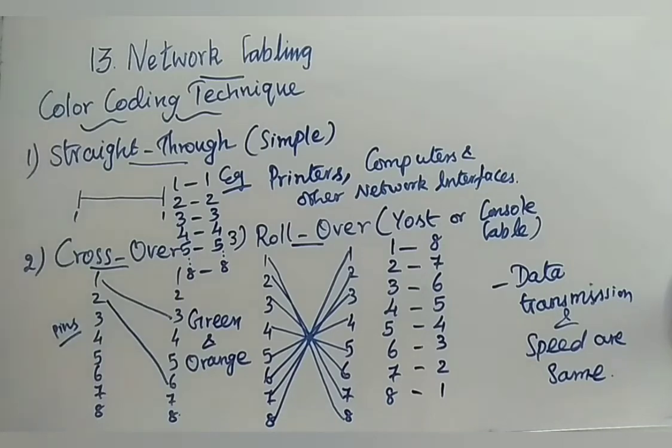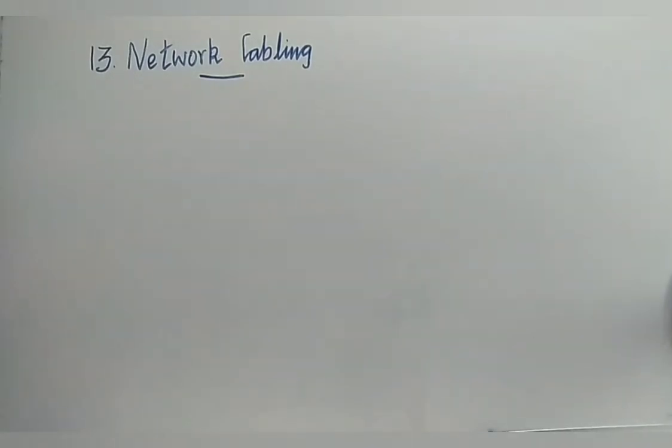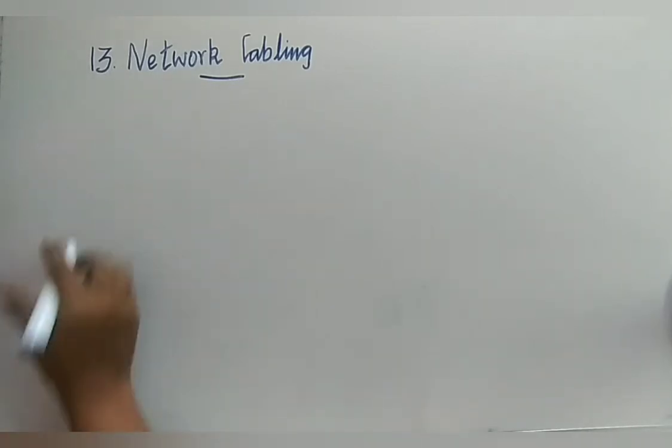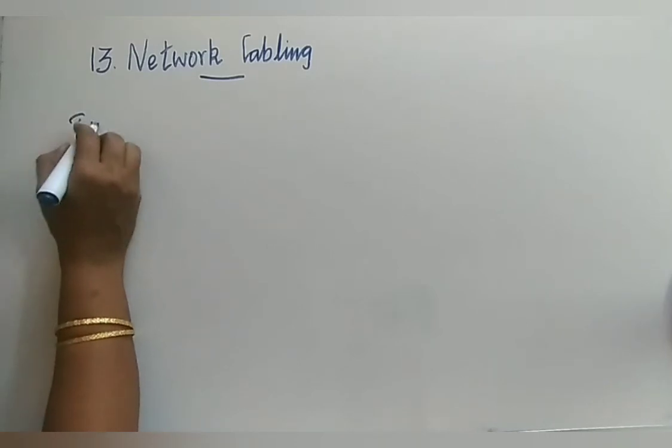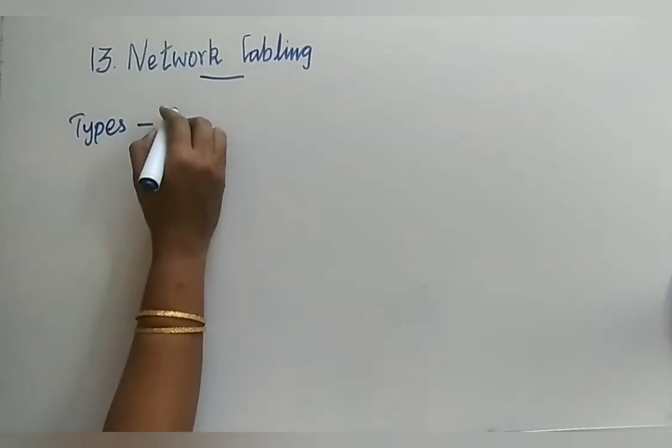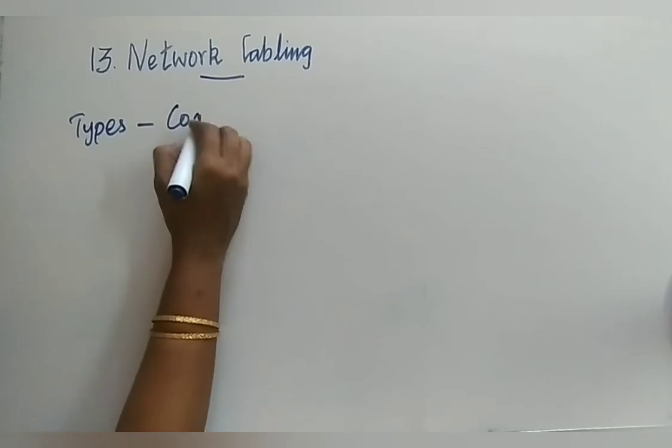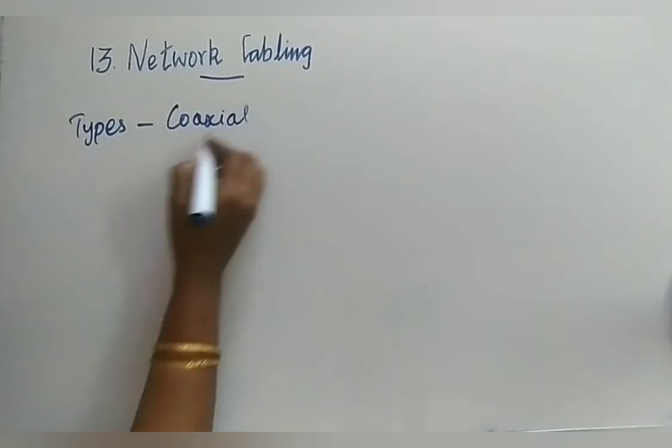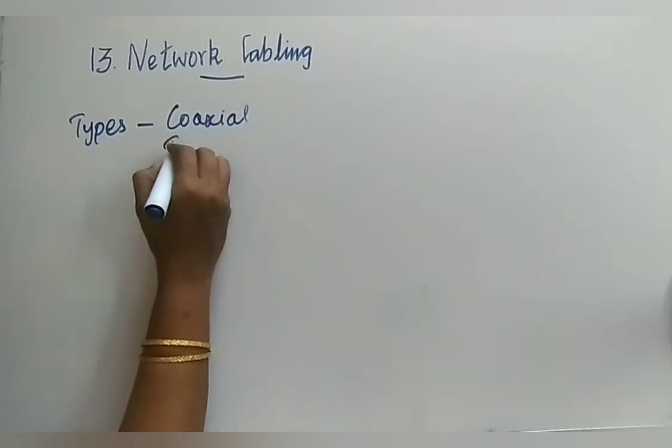So, clear with this topic that we have discussed so far? In this lesson, first we discussed what a network is and what network cabling is. Next we discussed the types of network cables. First, coaxial cable. Next, twisted pair.